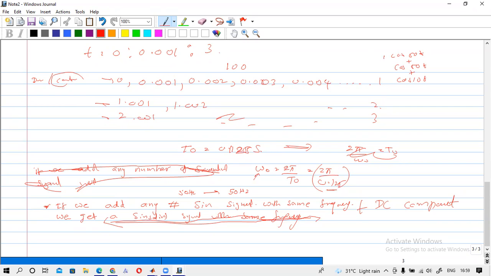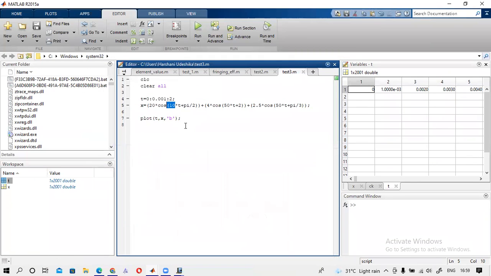There are some amplitudes, and maybe there are some phases also. But we add these 50, 50, and 10. So these are the frequency components. In this signal you have two frequency components. When you add three frequency components, it will not be a sinusoidal signal. It will be another form of signal.